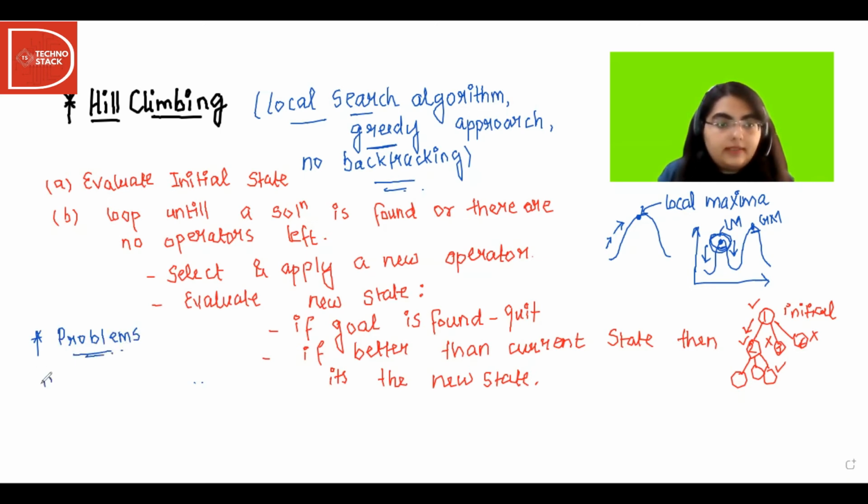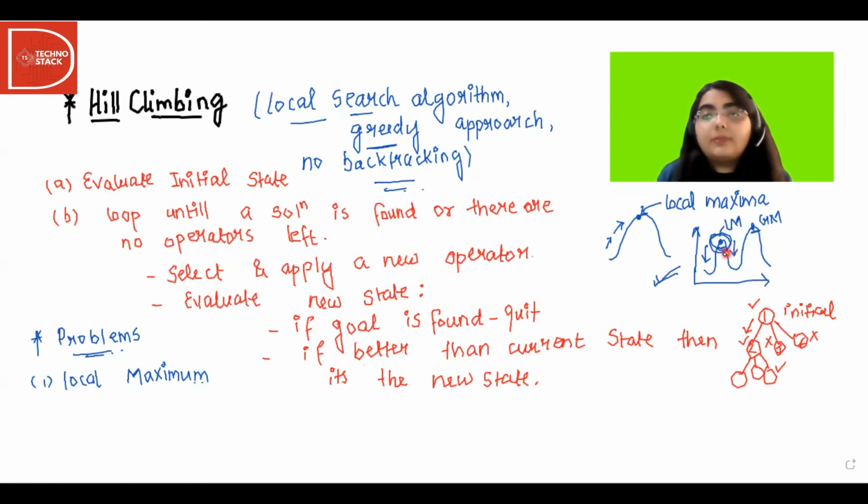So let's just check. It checks local maxima. The first problem is local maximum. That means this thing that I made you understand earlier, that if we have a graph representation over here like this, then it will find the local maximum, that is, it will find a solution and then quit the algorithm, and it will not go for the global maximum, that is finding the optimum solution.